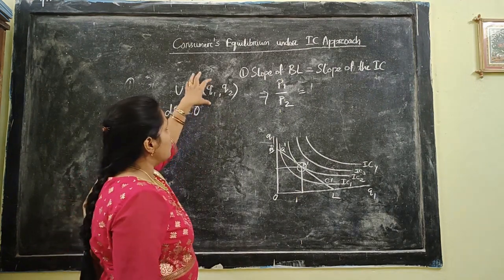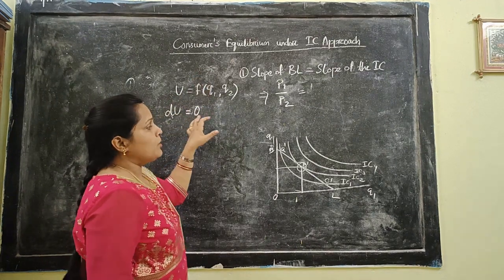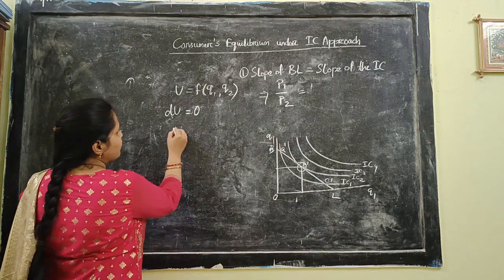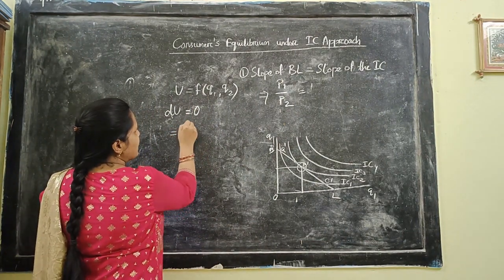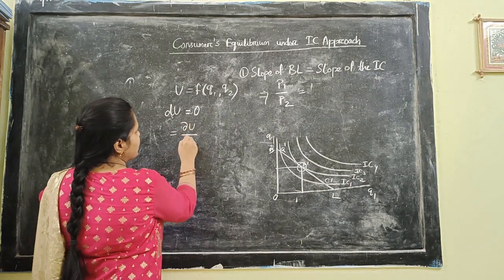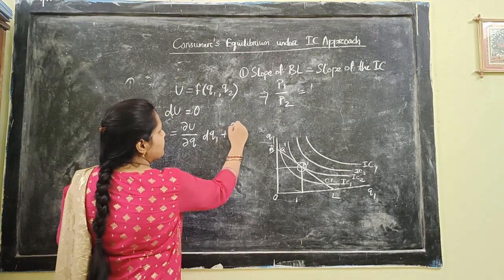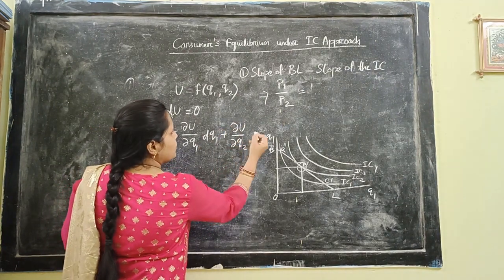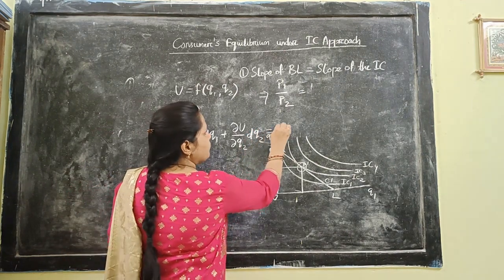If we take the total derivative, it will be zero on any indifference curve. So it will be the partial derivative of the utility function with respect to Q1 times dQ1, plus the partial derivative of U with respect to Q2 times dQ2, equal to 0.